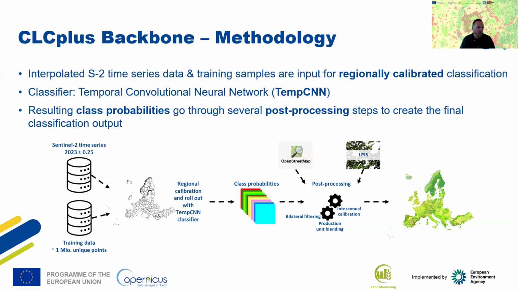The outcome of the actual classification are class probabilities, which then go through several post-processing steps to come to the final class output. Those post-processing steps also comprise noise filtering, blending between production units, and a calibration with the previous backbone products for consistency reasons.